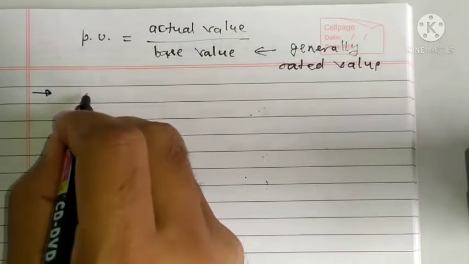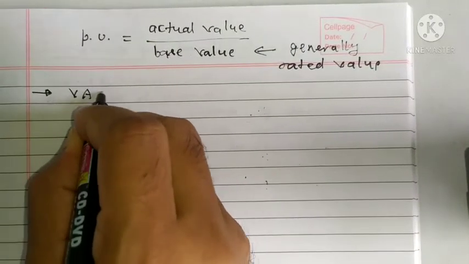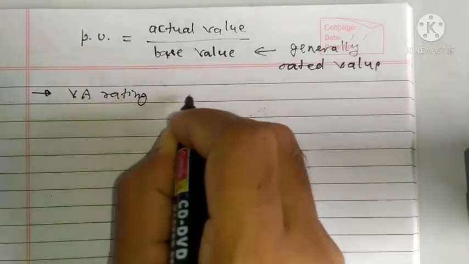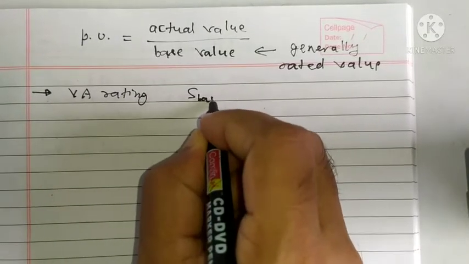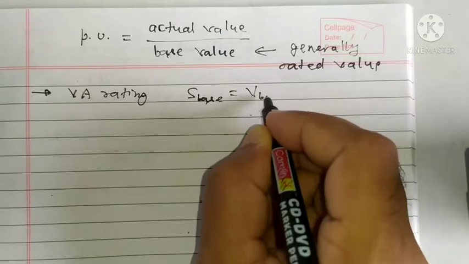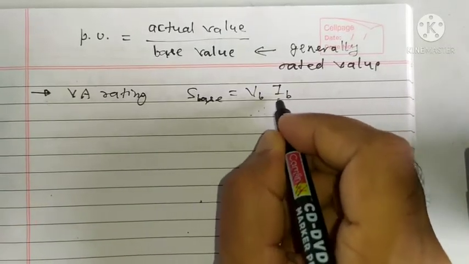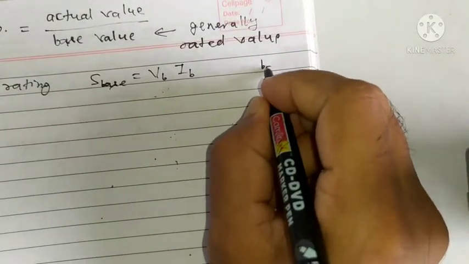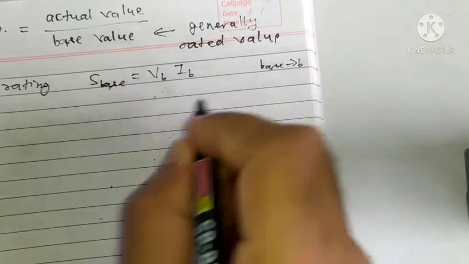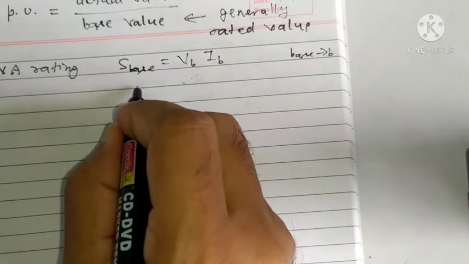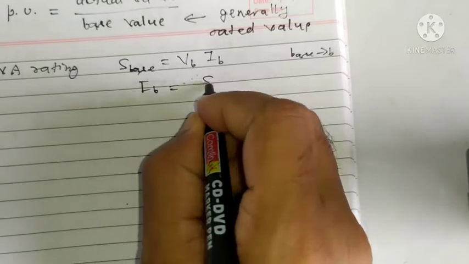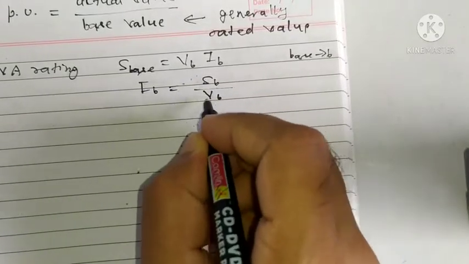So VA rating can be given as S base equal to V base into I base. I will write base in short as B. So I base can be written as S base by V base, right?